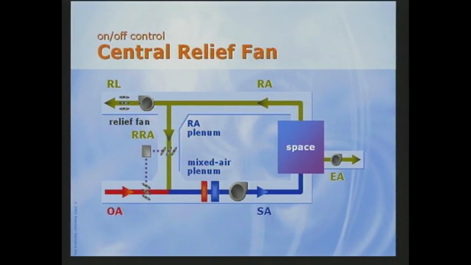The two-position motorized relief damper opens when the relief fan is on and closes when the relief fan is off. Neither fan capacity nor damper position is modulated. During cooling and heating modes, when the system is bringing in the minimum quantity of outdoor air, the relief fan is usually shut off, and any building pressure relief occurs naturally. Art, can you and John show us this one?